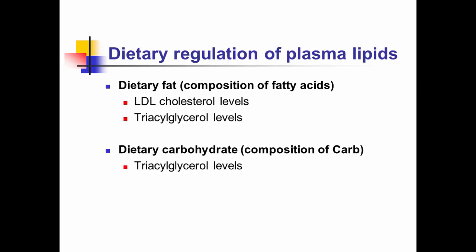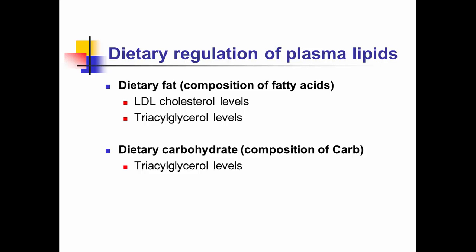But dietary carbohydrates usually, or primarily I would say, regulate triglyceride levels, right? So dietary composition is a little bit different in terms of their role or their effect on lipid metabolism in the plasma.